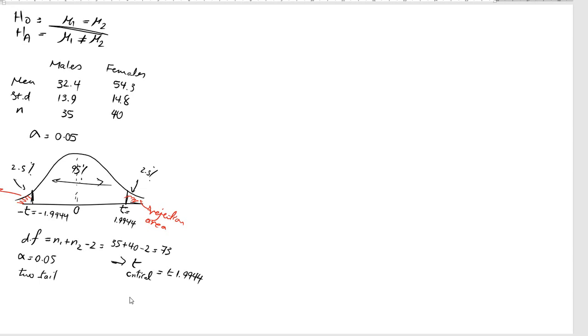So the next step is to find the t-stat. I have two independent samples, so it is calculated using the formula: x bar 1 minus x bar 2 minus mu 1 minus mu 2. Remember, in hypothesis testing, that factor is always 0, so you don't basically need that section.